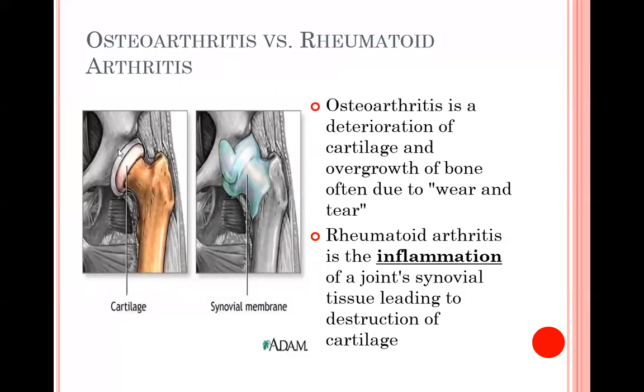Here we have a picture of the cartilage and the synovial membrane encasing it. Osteoarthritis is a deterioration of the cartilage and overgrowth of bone, often due to wear and tear. Rheumatoid arthritis is the inflammation of the synovial tissue, leading to destruction of the cartilage. So two different conditions, osteoarthritis versus rheumatoid arthritis.